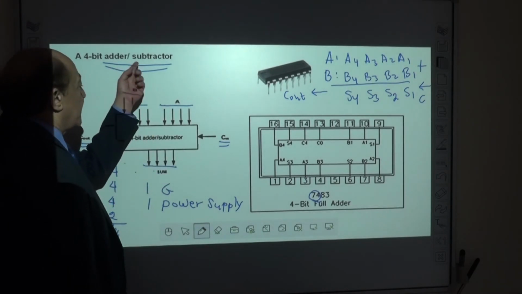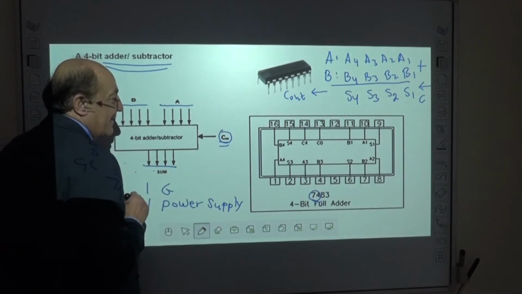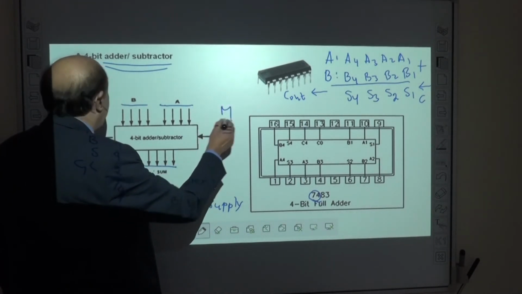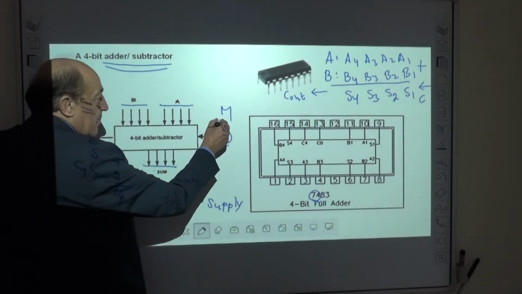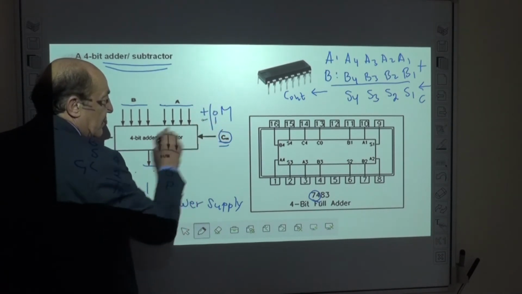Really, why adder subtractor? Do you see this carry as a control signal? We will design this circuit later, and if it's 0, add, and if it's 1, subtract.